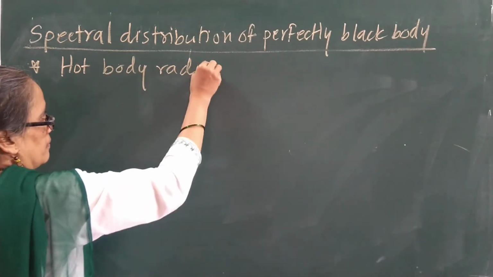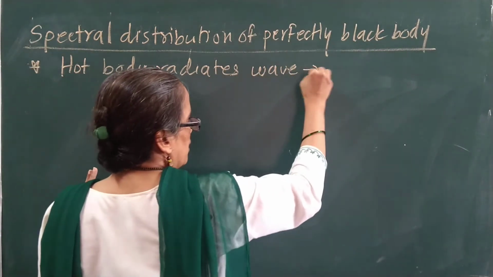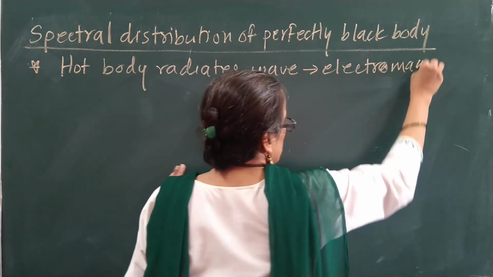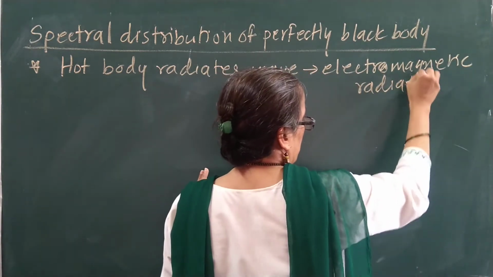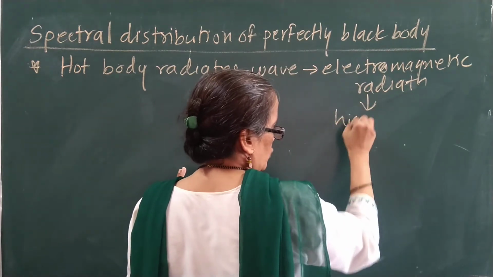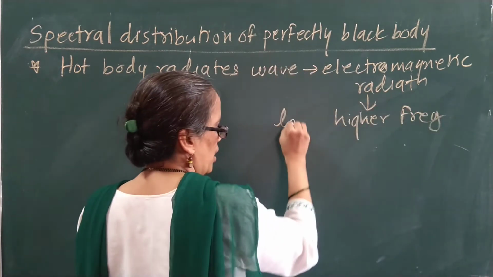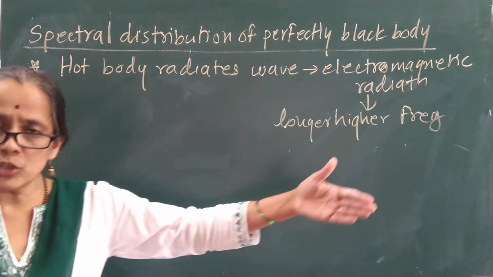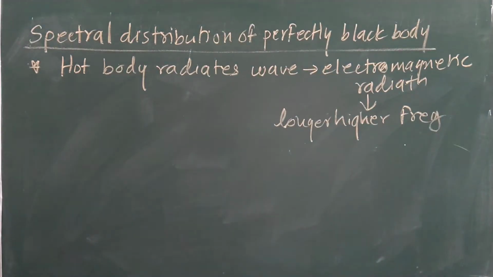Hot body radiates waves which is nothing but the electromagnetic radiation. This electromagnetic radiation will cover a higher frequency range, or I can say a longer frequency range. Is it right? Frequency range बहुत बड़ी है. Now I have to distribute that frequency range, and that distribution depends on temperature.